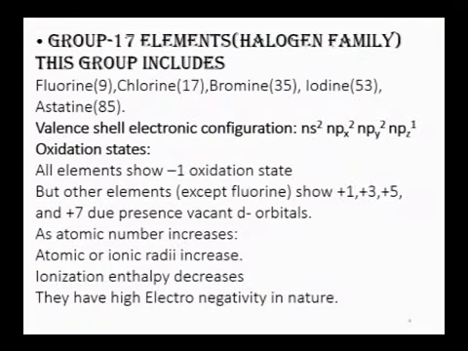Synopsis regarding group 17 elements, that is halogen family. This group includes fluorine, chlorine, bromine, iodine, astatine. Valence shell electronic configuration is ns2, np5: npx2, npy2, npz1.